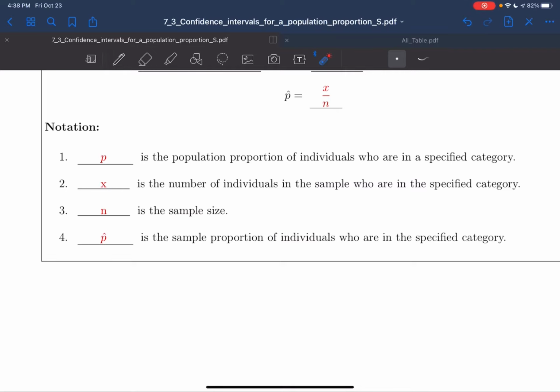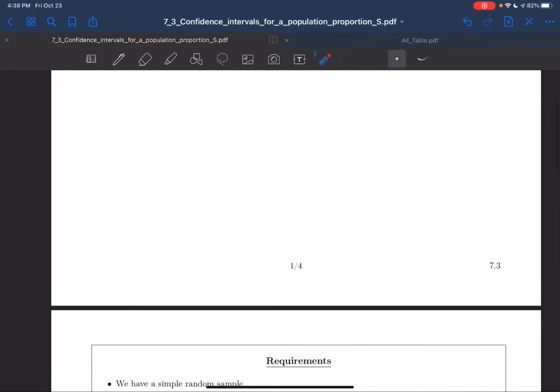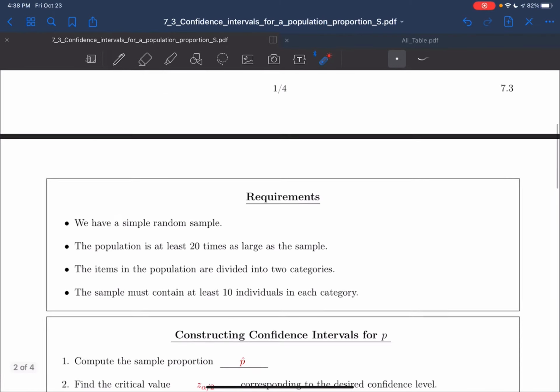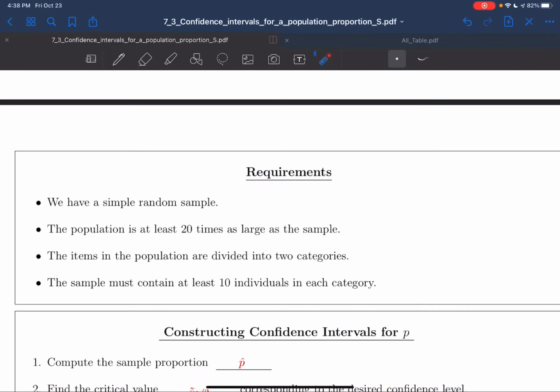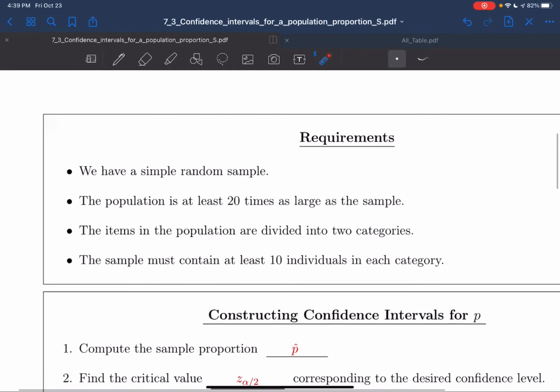Now, how do I compute these confidence intervals? Well, just like what we're talking about for this whole chapter, we have to consider some of the requirements. So before even beginning to compute a confidence interval, we have to check that all of these are satisfied. We have to see if our data comes from a simple random sample, and usually it does.